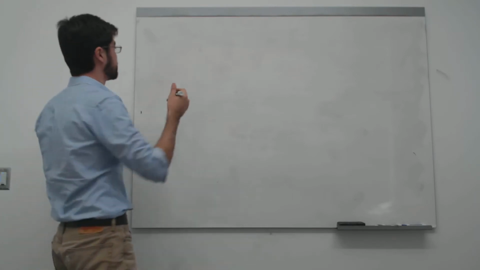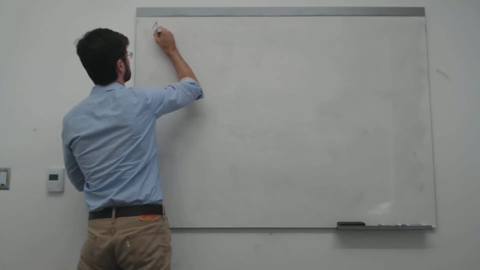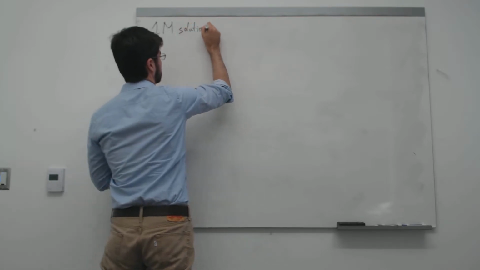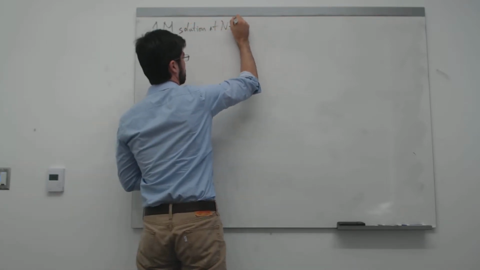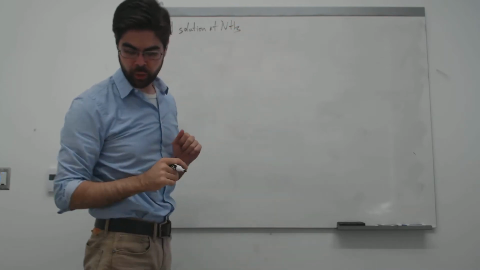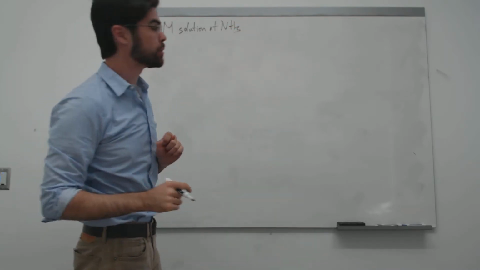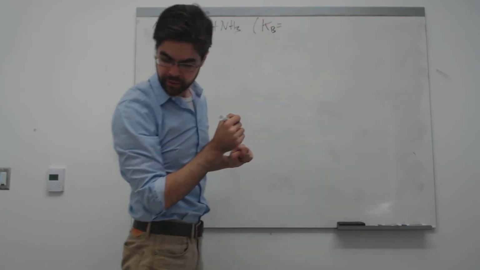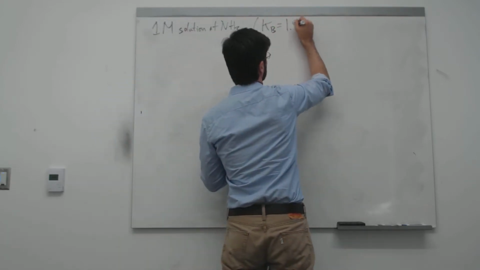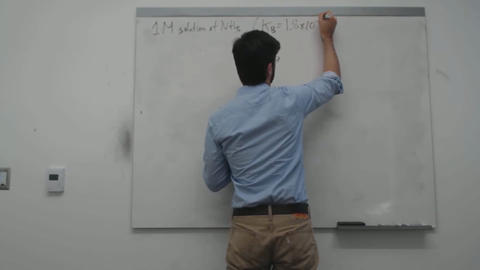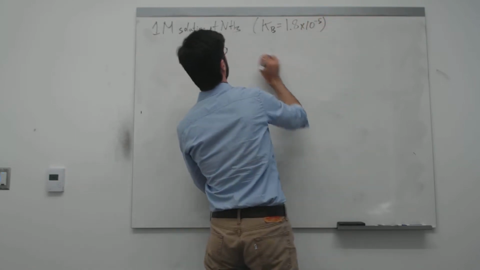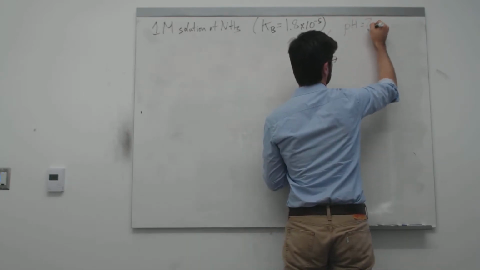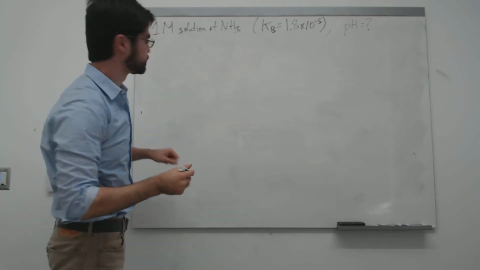So this one is saying, suppose you have a 1 molar solution of ammonia, which is a weak base. Actually, let me get the value of that: 1.8. And what I might want to know is, what is the pH of this solution?